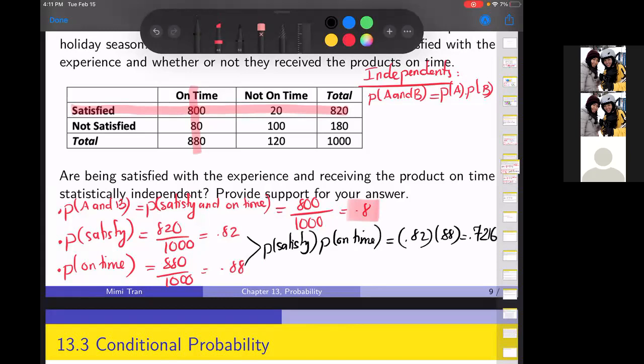Are they independent? No, right? 0.8 is not equal to 0.7216. So your conclusion is that they are not independent. You have more space, so you can write it out nicely. I don't have a lot of space, I'm just saying not independent. On the exams, just write it out nicely, okay? Say that being satisfied with the experience and receiving the product on time are not independent events.